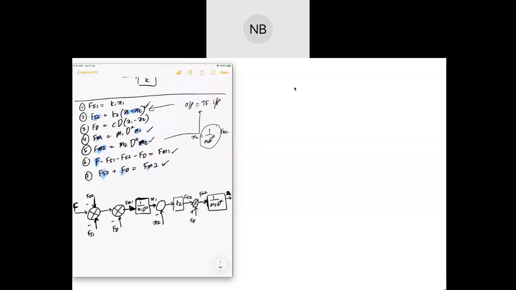So let's look at FD here. How to solve FD? FD is CD multiplied by x1 minus x2, from equation number 3. I already have x1 minus x2 here; just now I've done it, so I'm not going to repeat that. I'm going to take that signal here. When I put a tap like that, I call that a pick off point.